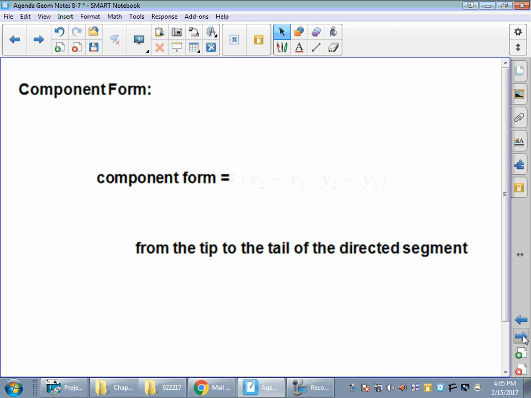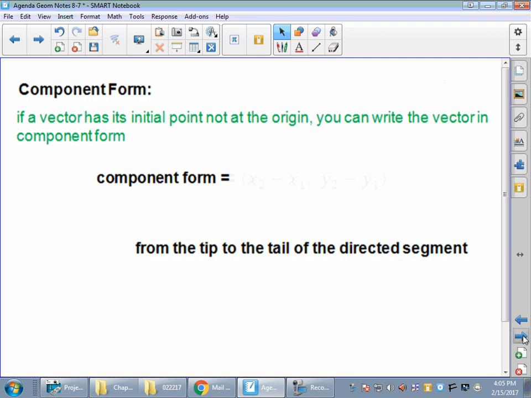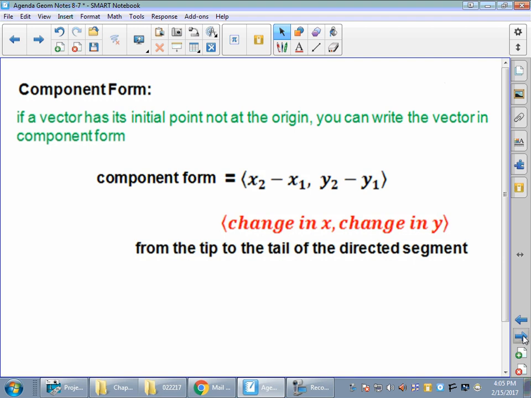So component form. If a vector has its initial point not at the origin, you can still write that vector in component form. It's not telling where point B or point D is. It's telling how you get from the initial to the end point. So if it's not at the origin, we would do x2 minus x1 and y2 minus y1, the change in x and the change in y.